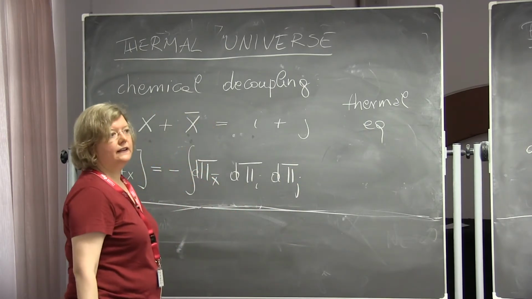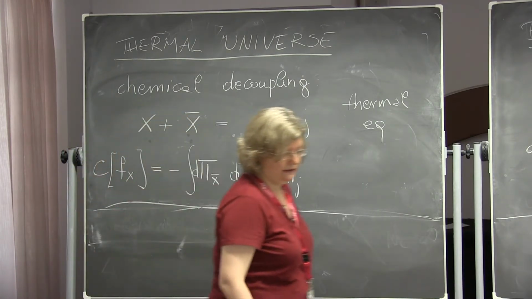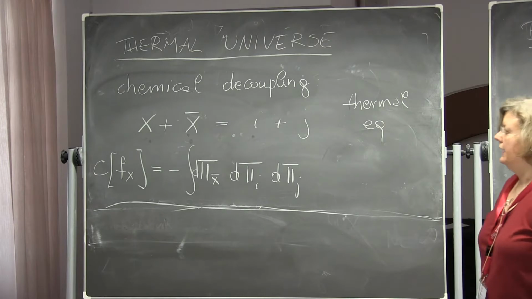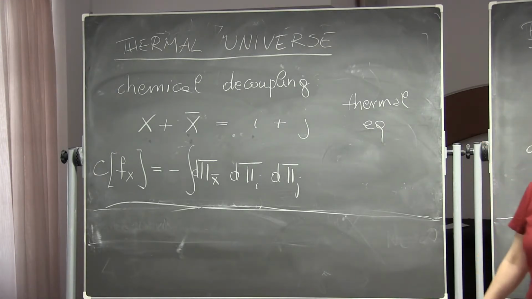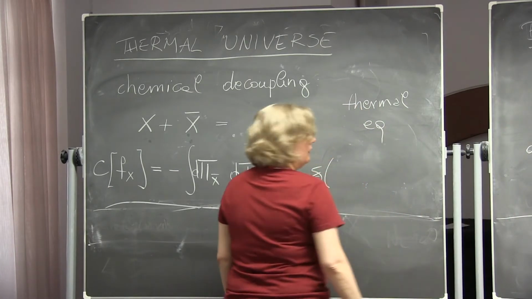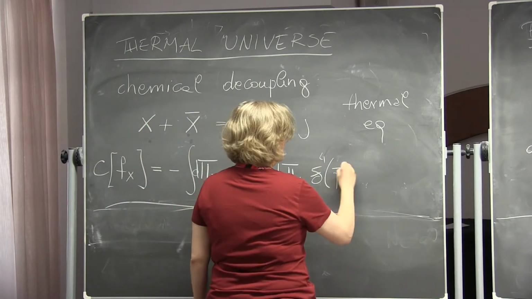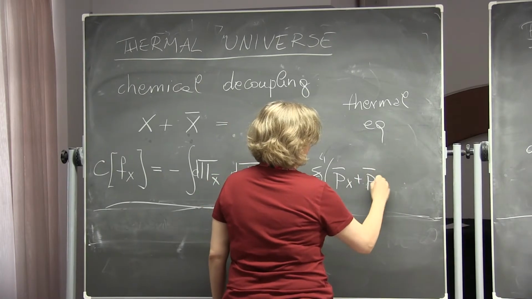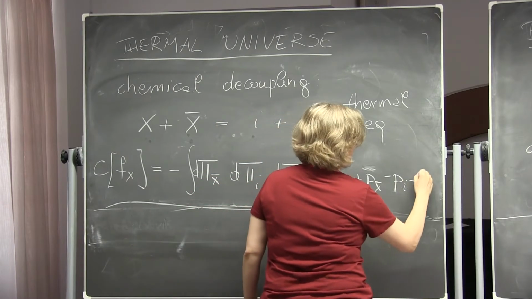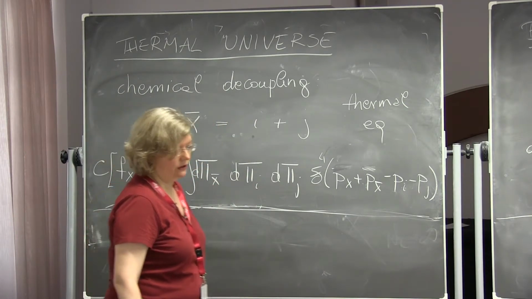This is nothing else than d3p divided by 2 pi cubed times the two energies, the usual integral that you have when you compute, for example, a scattering cross section. You have then, of course, a delta function which ensures the energy and momentum conservation. So you have the momentum of px plus the momentum of px bar minus the momenta of the final particles; this is a d4, so there is no arrow. This is the global delta function which ensures momentum conservation in the process.